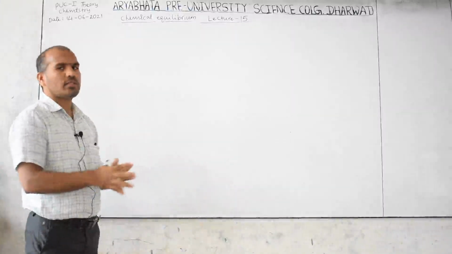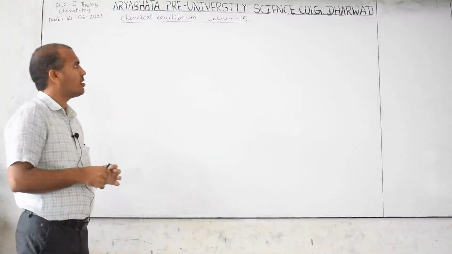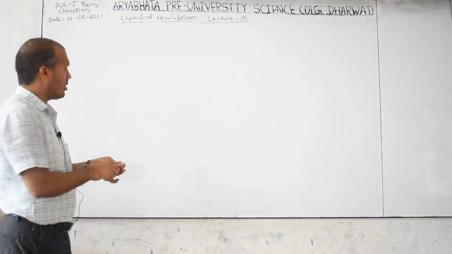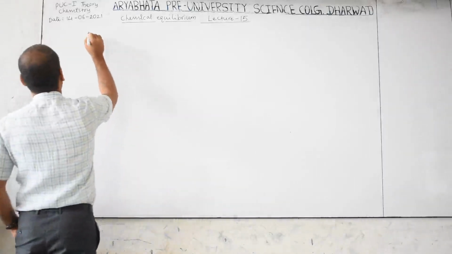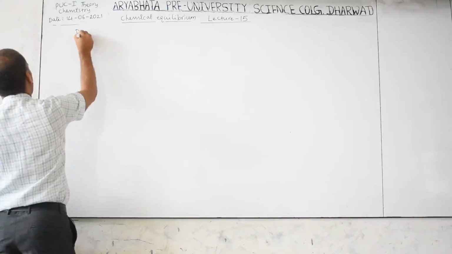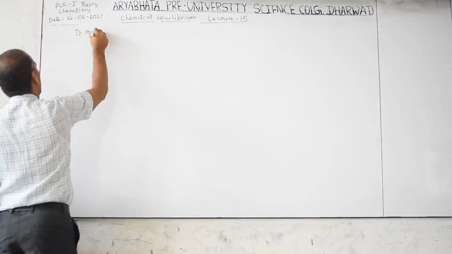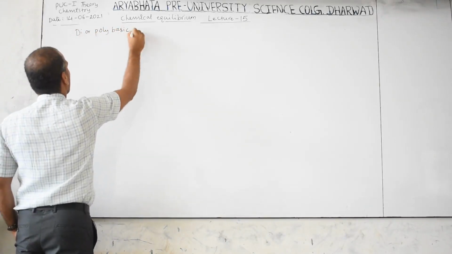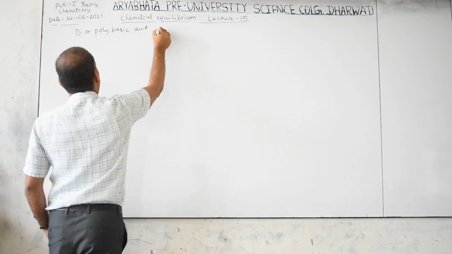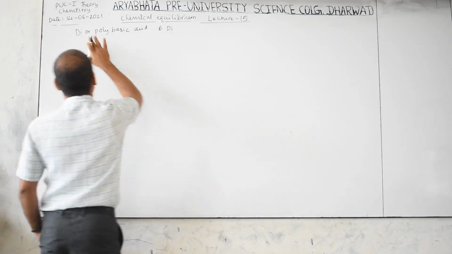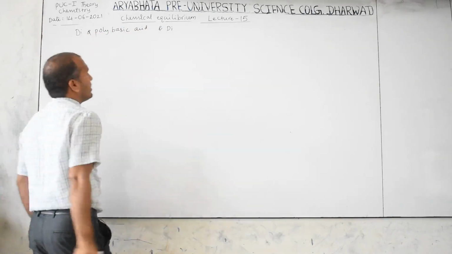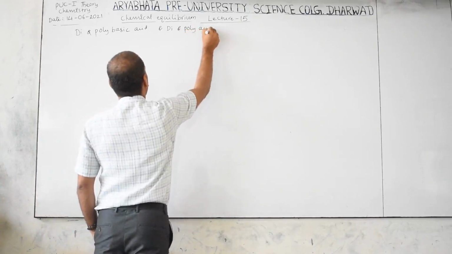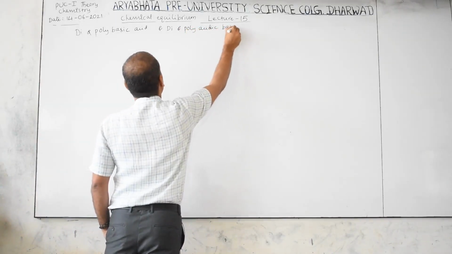In the previous class I discussed the pH calculation of strong acid and weak acid mixtures. Now the heading is di or polybasic acid, and also di and polyacidic bases.